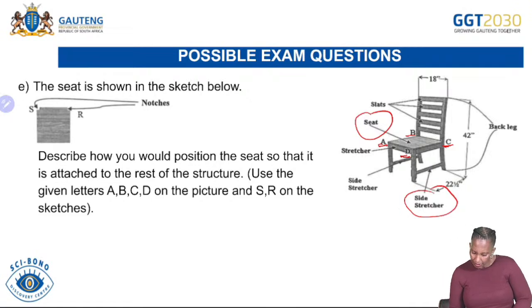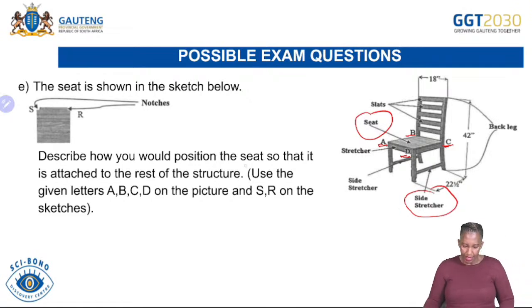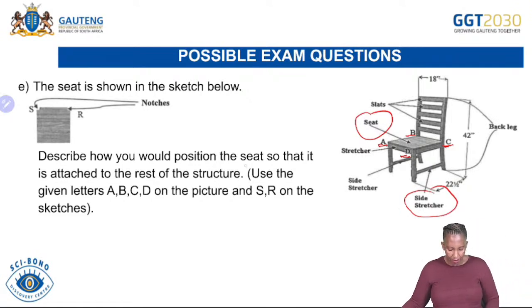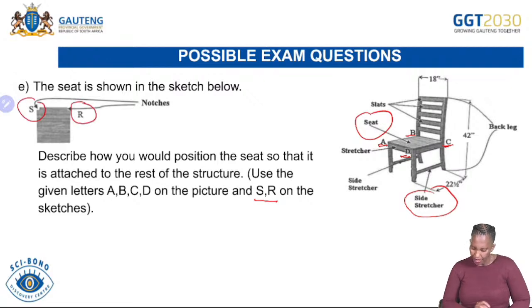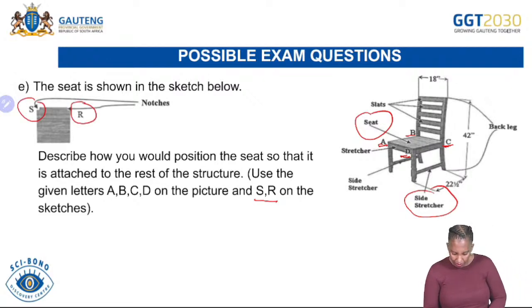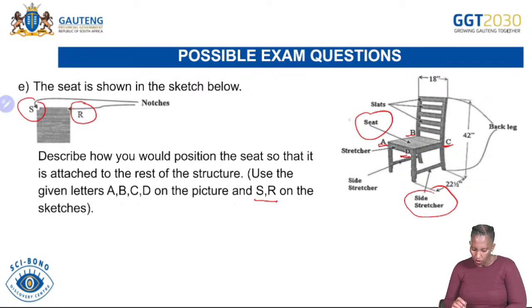Now, boys and girls, it says use the given letters A, B, C on the pictures and SR on the sketches. So here is our SR here, the S and the R. Now it says we must use all this information now. Use it to give the instruction how to attach.